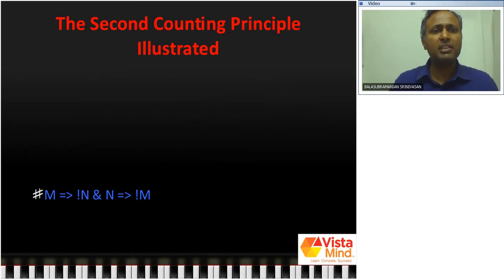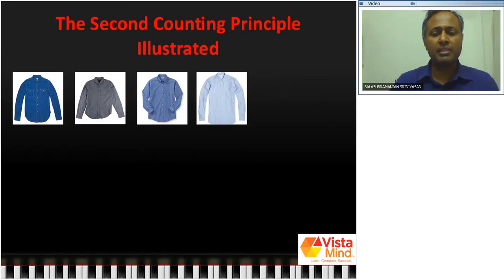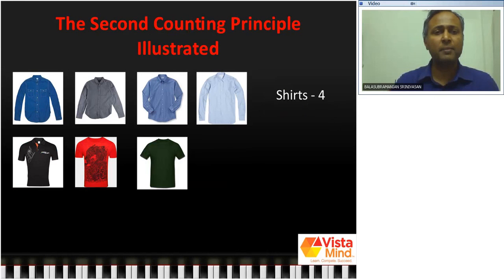Let us use a simple example to illustrate the second counting principle. Consider a person who has 4 shirts and 3 t-shirts and needs to dress his upper body in one garment. Clearly, because he can wear only one garment on his upper body, the two courses of action, wearing a shirt and wearing a t-shirt, are mutually exclusive.